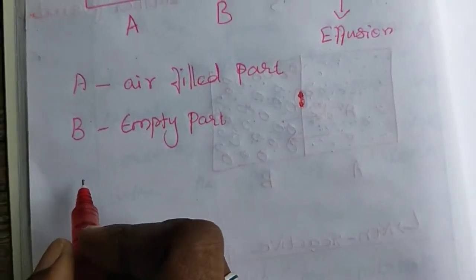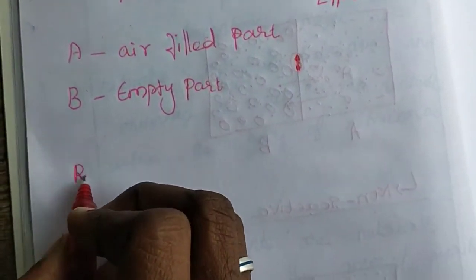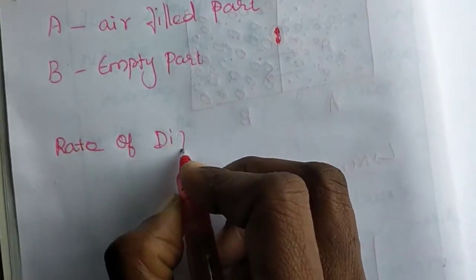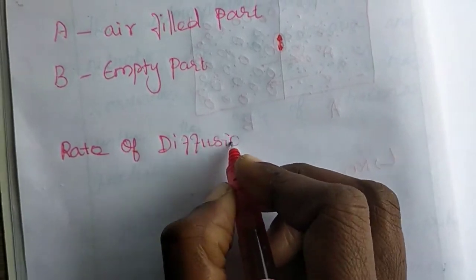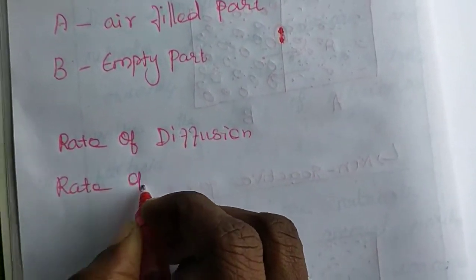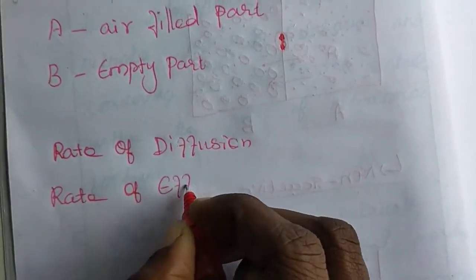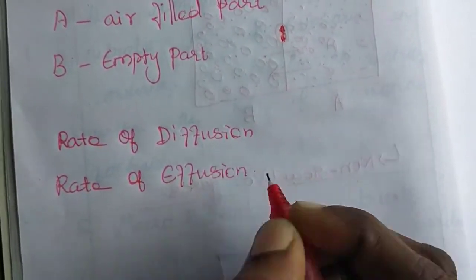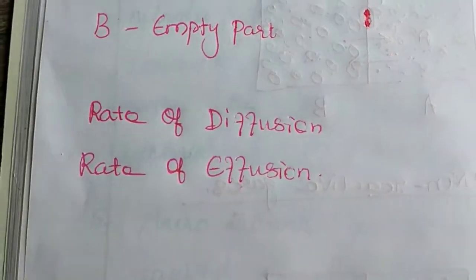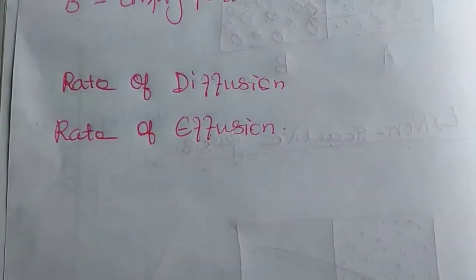Here Graham is relating rate of diffusion and rate of effusion. Rate of diffusion and rate of effusion is not a difficult one, it's an easy one.